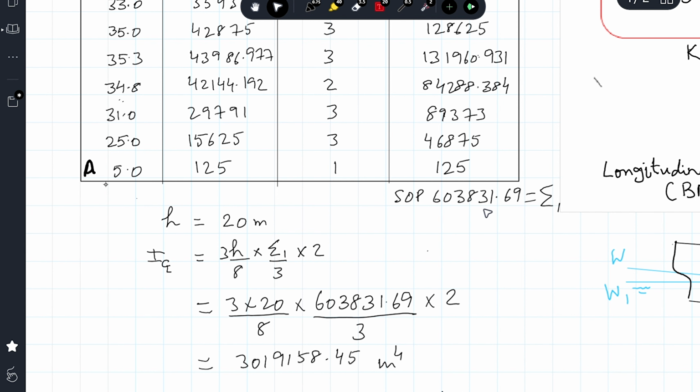Then I take the summation from here, 603831.69 divided by 3 and multiply by 2. I have one video in the past where you can see how it is derived. Then y cube dot dx upon 3.